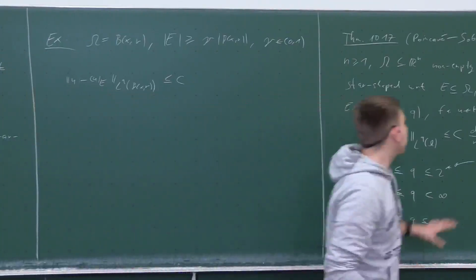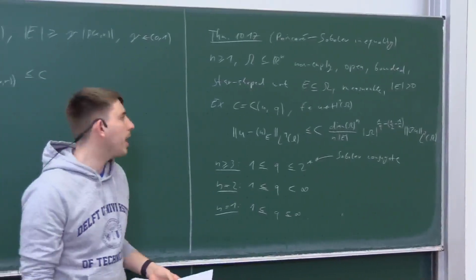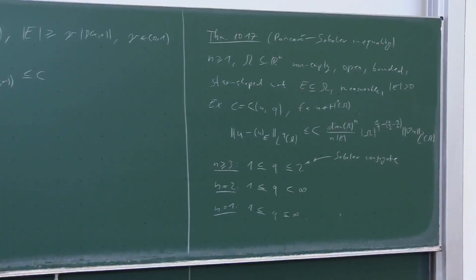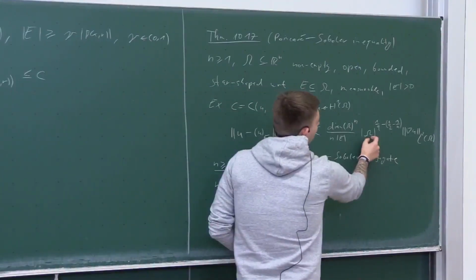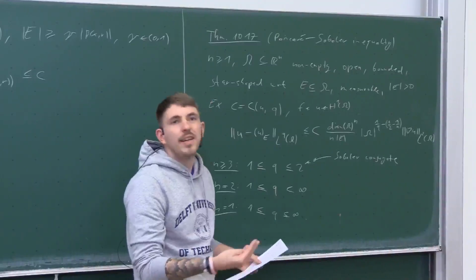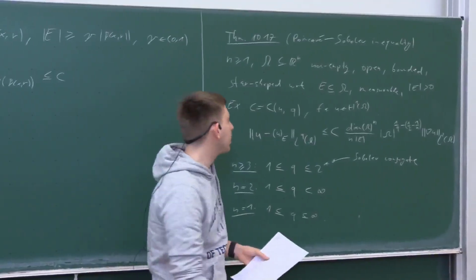Now we have to calculate all these quantities here, but we are somehow lucky because we can reduce everything to the radius of this ball, because the volume of the ball, of course, has a connection between radius and some dimensional constant.